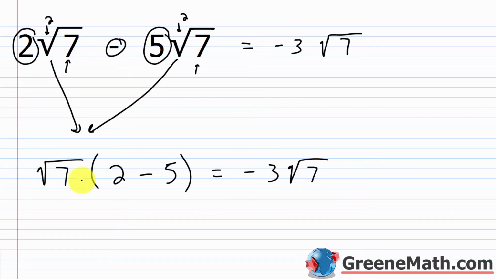This is the more technical approach, probably what you'll see in a textbook. But really, as long as the index is the same and the radicand is the same, all you need to do is work with the numbers multiplying that common radical. In this case, it's 2 minus 5, which gives us negative 3, and we multiply by that common radical, the square root of 7.